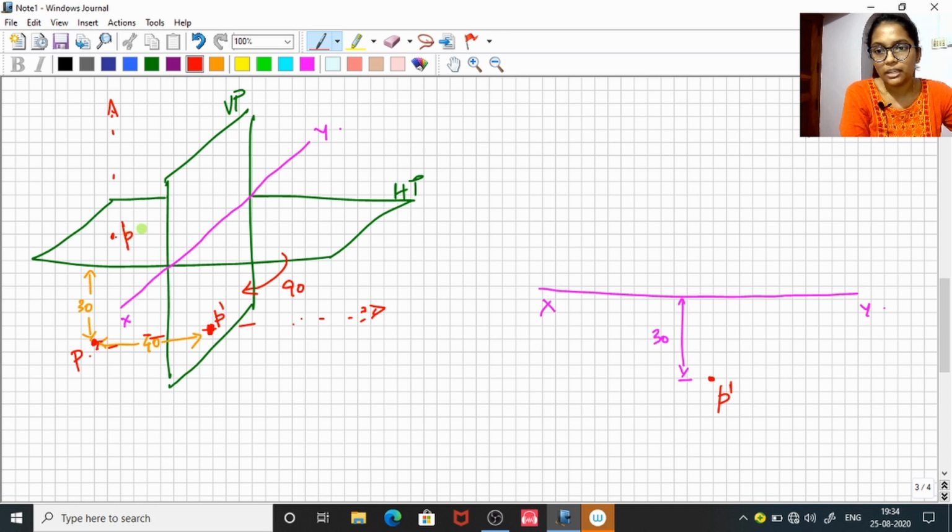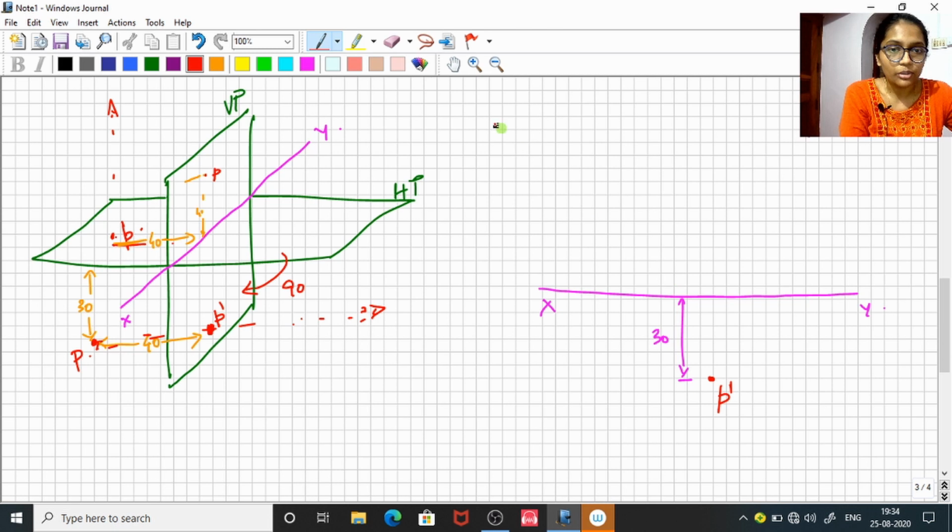So let it be P itself, and while we move for a 90 degree clockwise rotation, this length which is 40 mm behind VP, when it gets rotated, this 40 mm comes over here, and your P location will be finally above XY line.